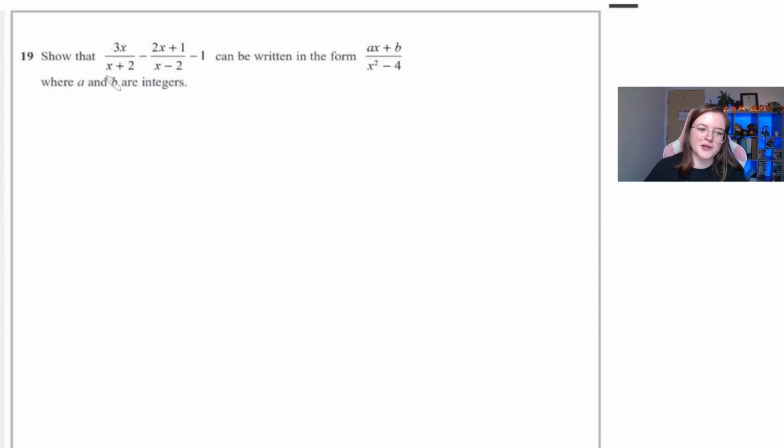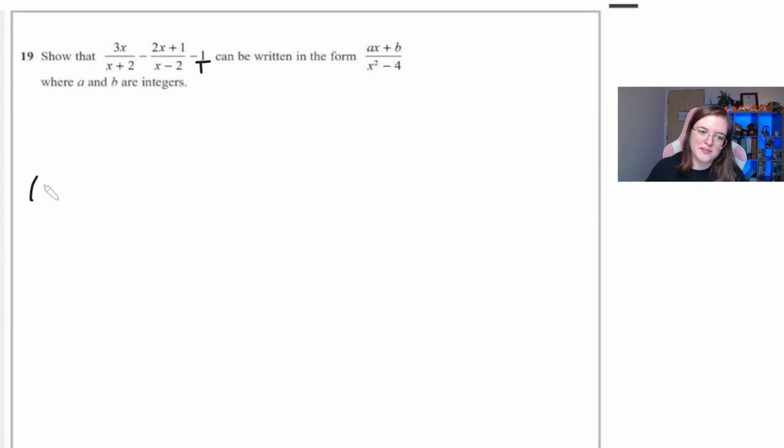Let's get into it. So, we're subtracting fractions. By subtracting fractions, we need the common denominator. We're also subtracting a number from those fractions. So I'm going to make it into a fraction and then make all of them have the same denominator. That's my job thus far. We're going to put that over 1 to make it into a fraction. And then to get the common denominator, what I'm going to do is just times all the denominators together.